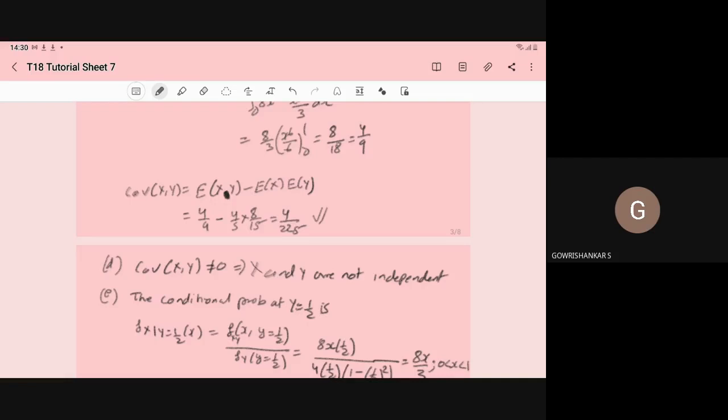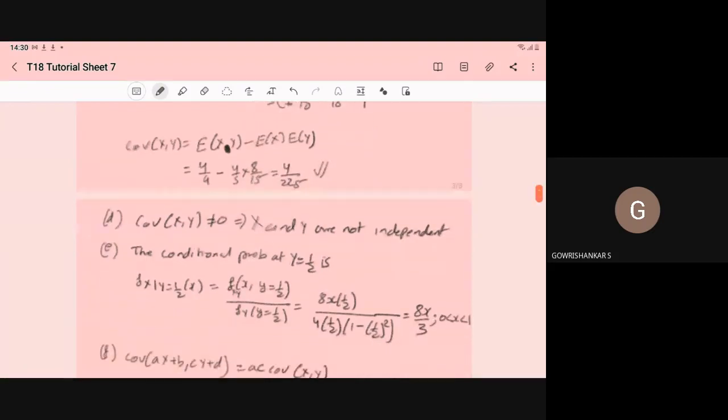When it is not equal to 0, then we say X and Y are not independent. So here X and Y are not independent, since covariance of X and Y is 4 upon 225, not equal to 0. So X and Y are not independent.